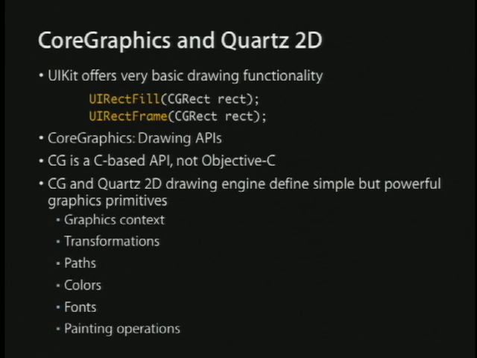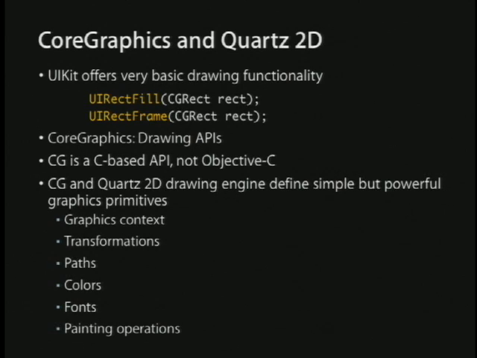It's, as I said, the Quartz 2D drawing engine. It's pretty simple, but incredibly powerful. It's a vector graphics library. So it provides a bunch of things. The graphics context. The graphics context is the thing that you're going to do all your drawing in. It provides transformations. It uses the same CGAffineTransform struct that we talked about a little earlier on views, though it uses it internally to do transformations on the vector graphics drawing operations.